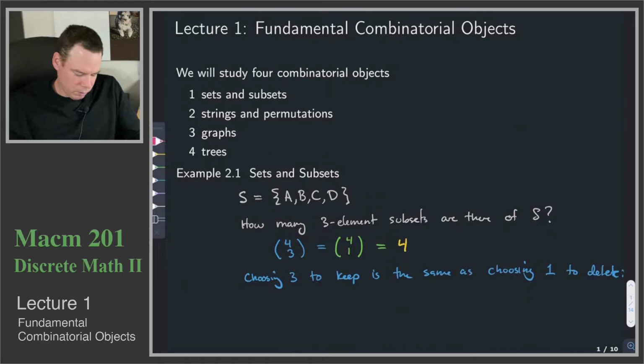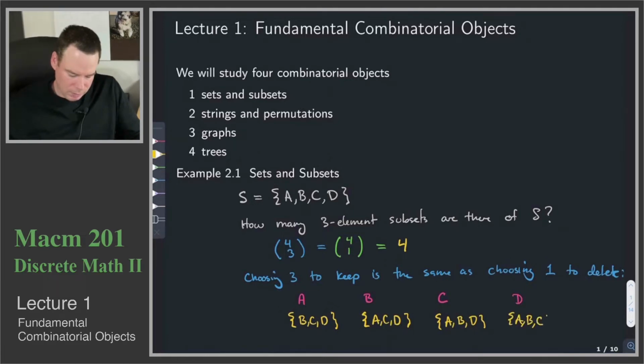And so if I want to list them out, I'm going to say, well, I'll delete A. That means I will only keep B, C, and D. So there's 1 3-element subset. Or I could get rid of B. I'll delete B, and that means I'm keeping A, C, and D. Or I could delete C, in which case I'm keeping A, B, and D. Or I could delete D and keep only A, B, and C.